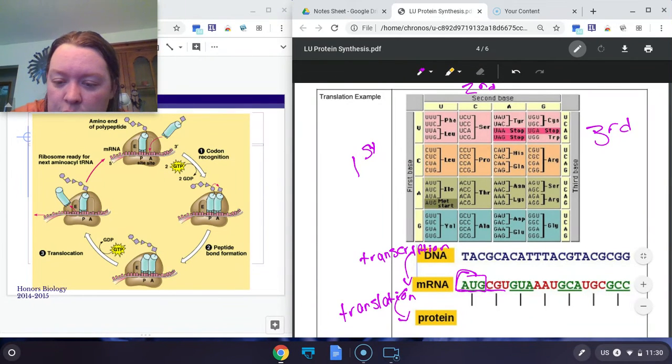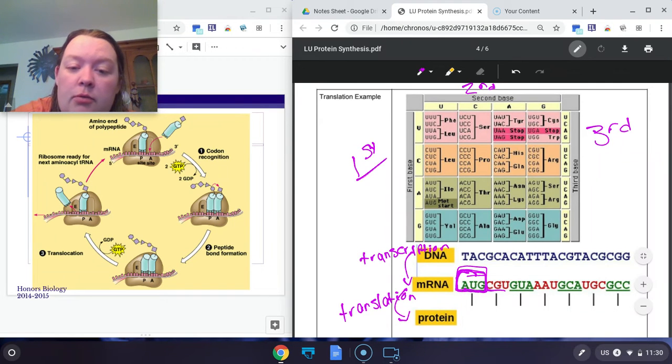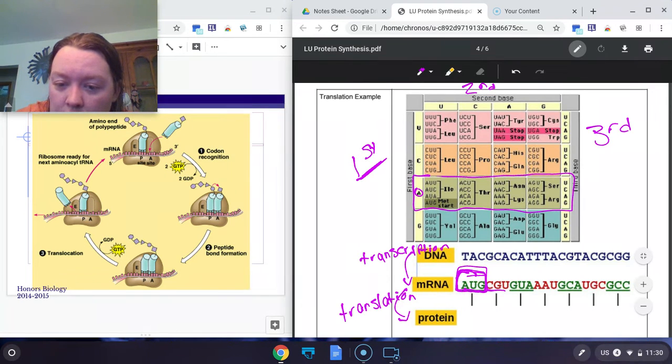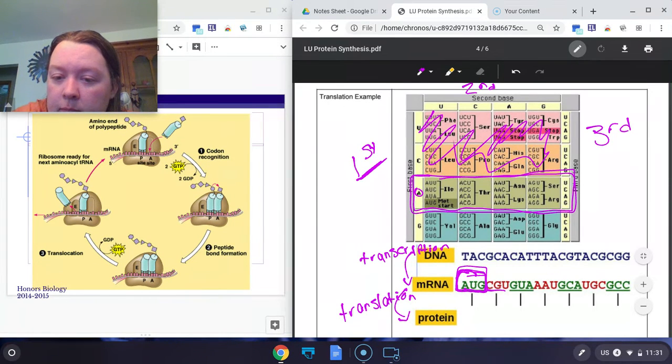So here's my first group of 3, A, U, G. My first letter is A. So over here where I wrote first, I find the A. That narrows me down to this section here. So just this section, I can ignore the rest of it.